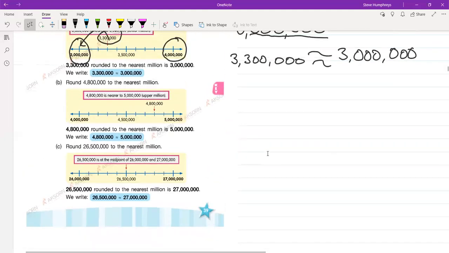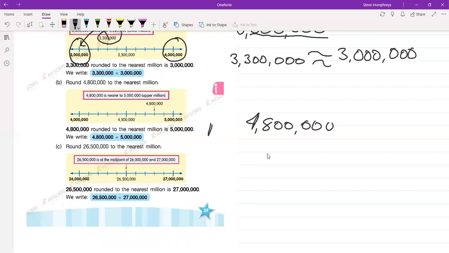Okay, let's have a look at the next example. Round 4,800,000 to the nearest million. Okay, we need to look at the last 6 digits. 800,000.